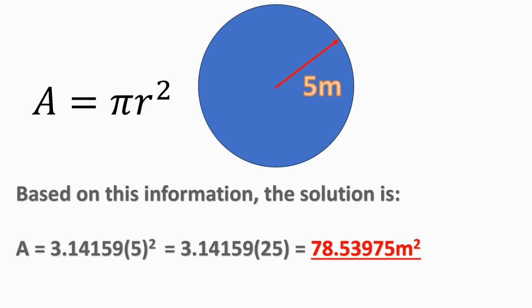So you've got 3.14159 times 25. The answer you should come up with, and I've got this out to quite a few decimal places, that's not necessary, you could have 78.6 if you were rounding up, or 78.5 if you're rounding down. Somewhere around 78.5 meters squared.